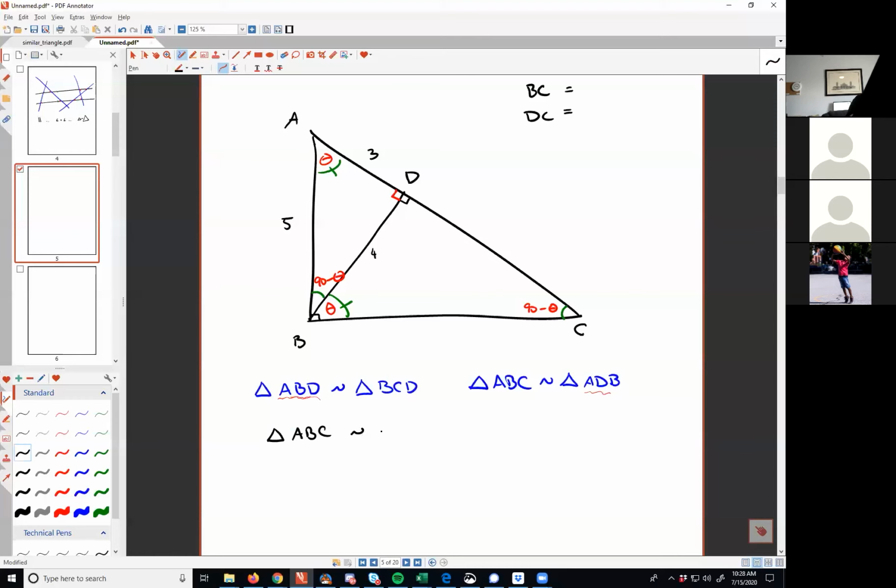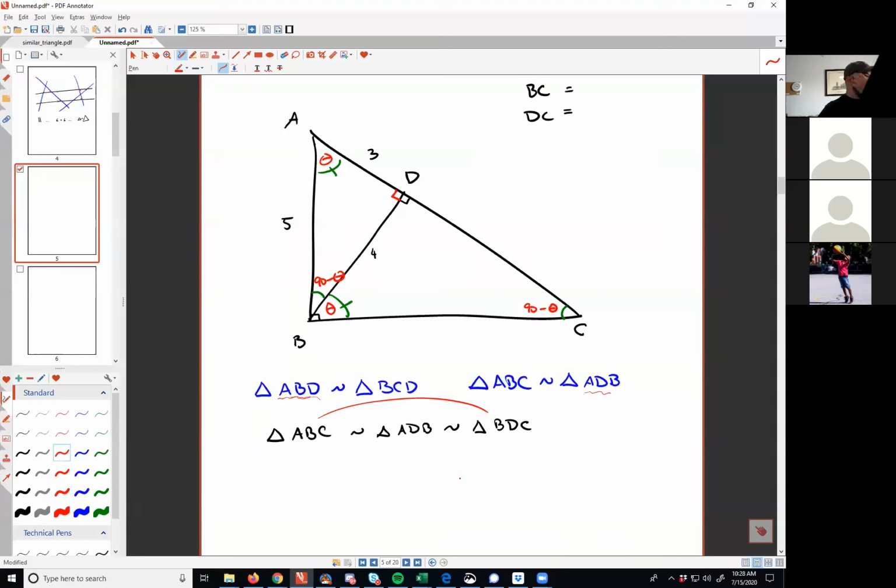Triangle ABC is similar to triangle ADB, and that is similar to triangle BDC. And we could directly say triangle ABC is similar to triangle BDC. So all these are perfectly correct statements.